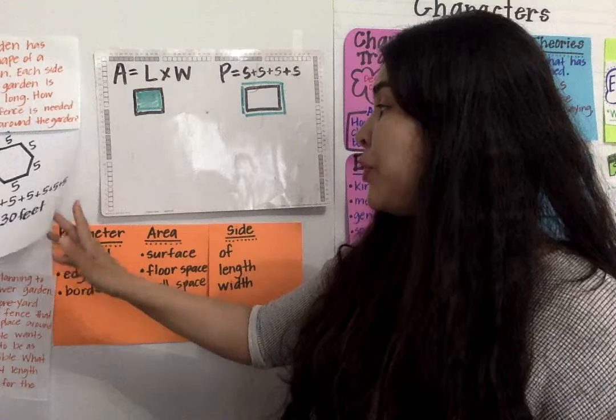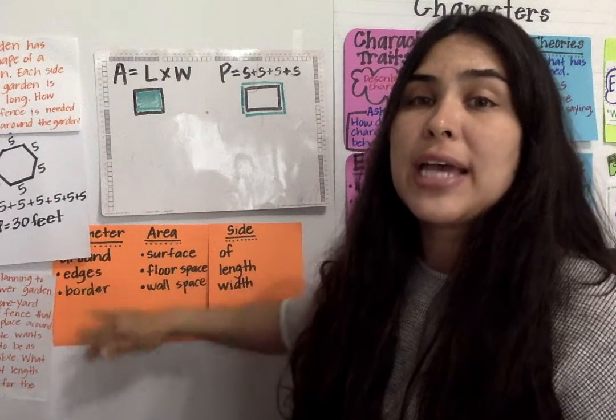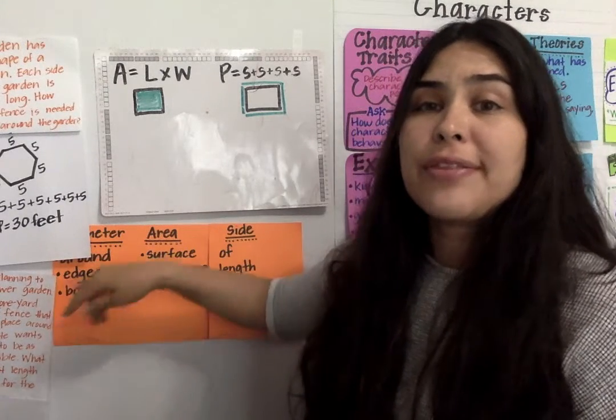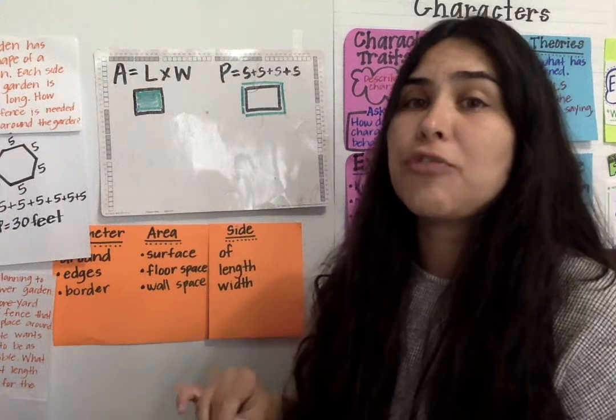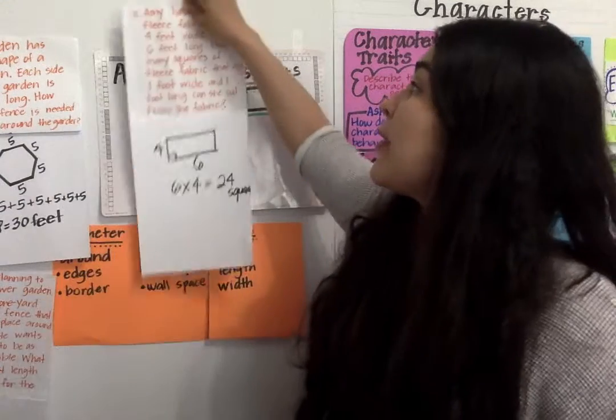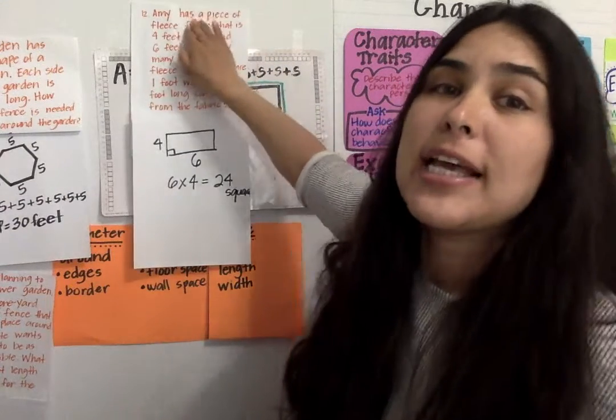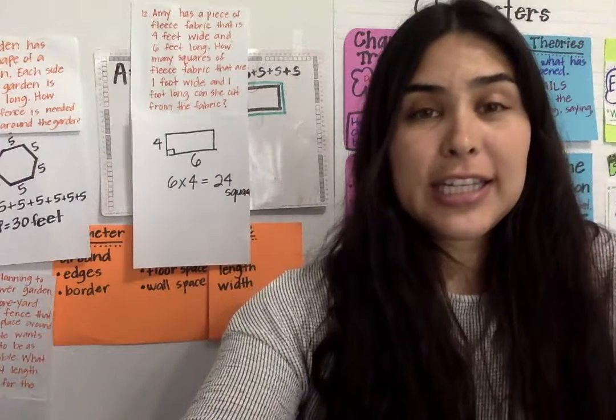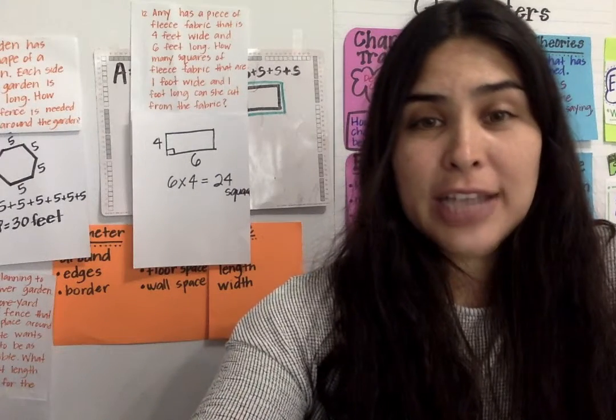If you hear the words around, edges, border, then it is probably asking you for the perimeter. Okay, I hope that helps, and that is your task for today.